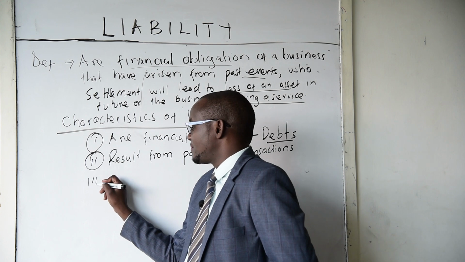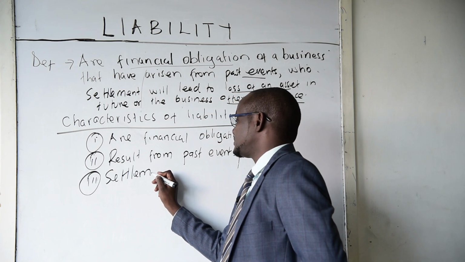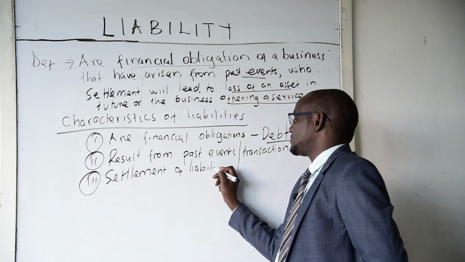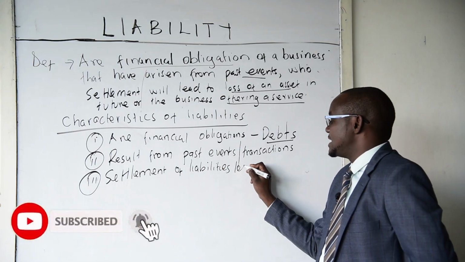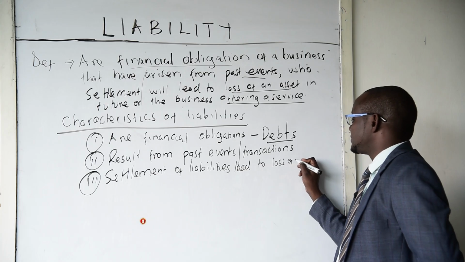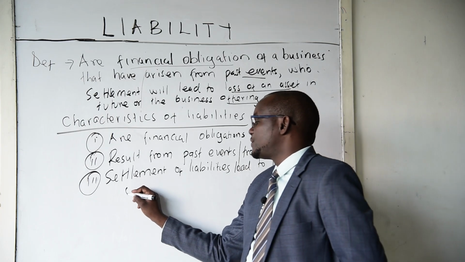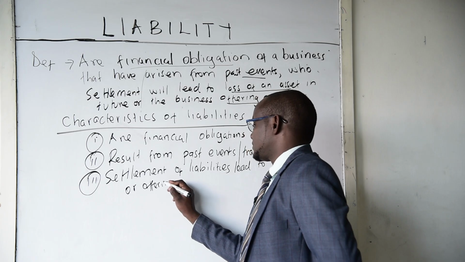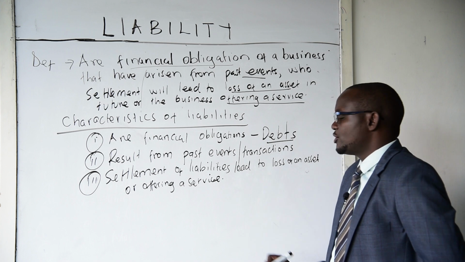Number three, settlement of liabilities leads to loss of an asset or offering a service. And I would give you an example.